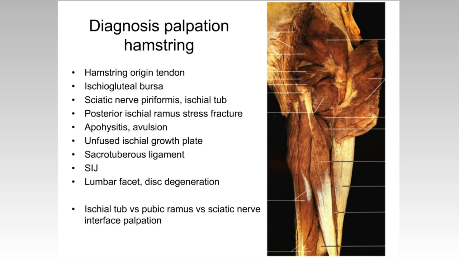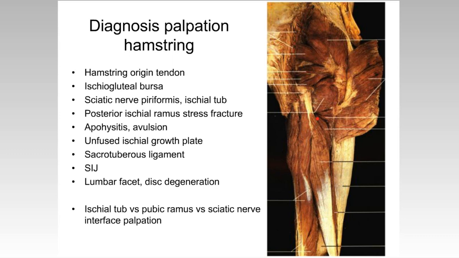If we look at an example of differential diagnosis and palpation specifically, in the hamstring there are so many diagnoses that can give you this sort of hamstring pain. There's the hamstring origin, and the sciatic nerve should be here.